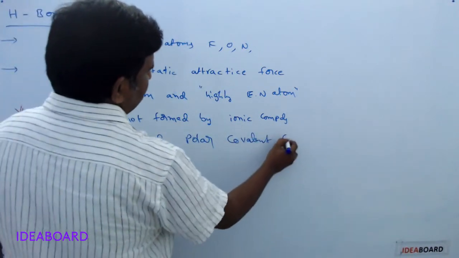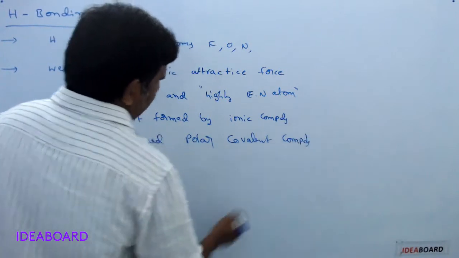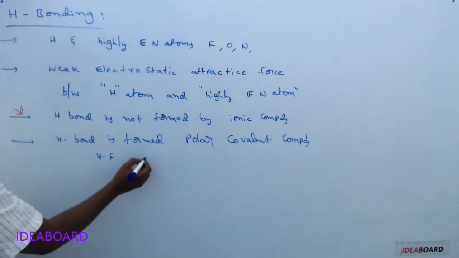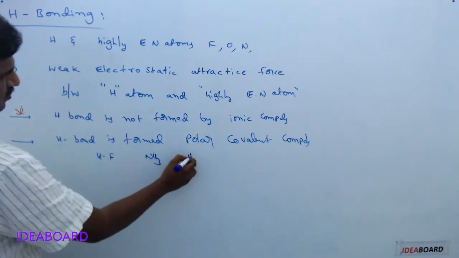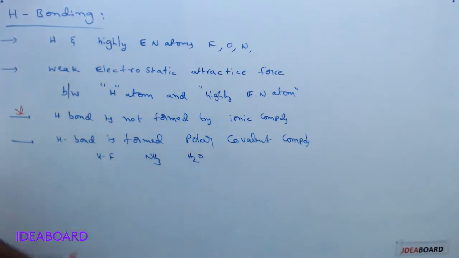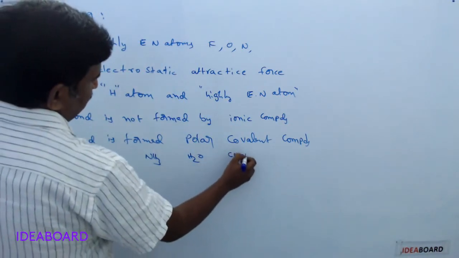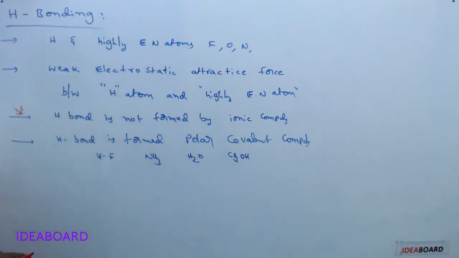Polar covalent compounds means HF, NH3, H2O, like that. In these types of compounds only we can see hydrogen bonding, like CH3OH.